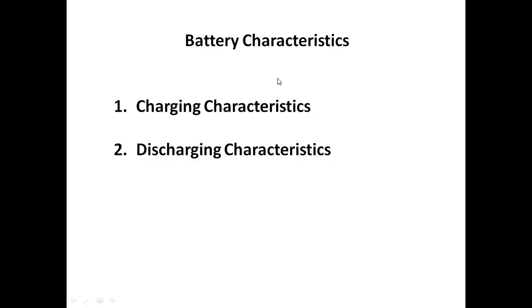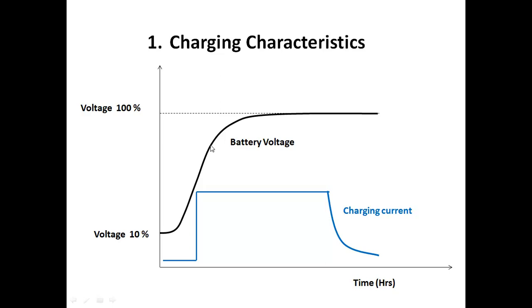Now we come to the most important point, that is the battery characteristics. First is the charging characteristic and then is the discharging characteristic. Coming to the charging characteristic, we are taking 2 points, that is 100% voltage, that is the full rated capacity of the battery, and the 10% mark.